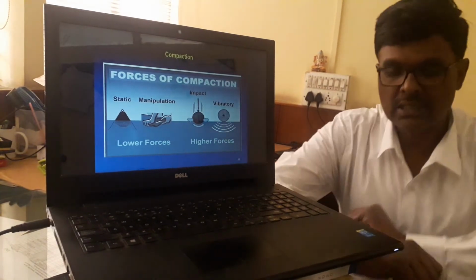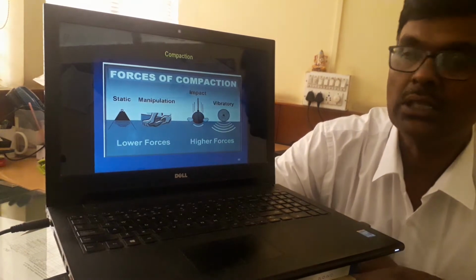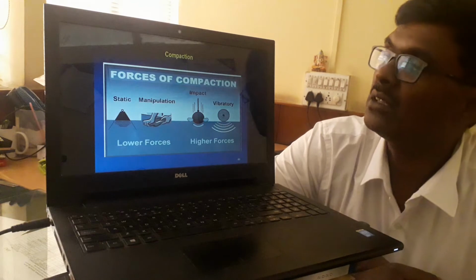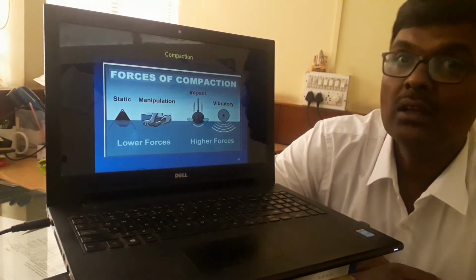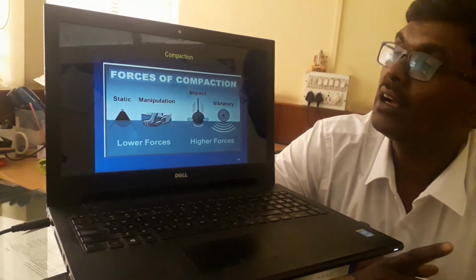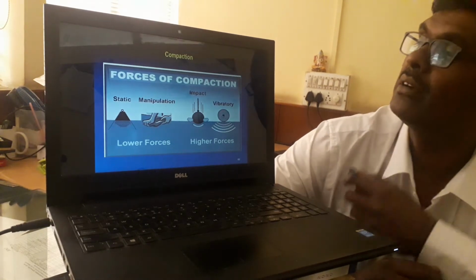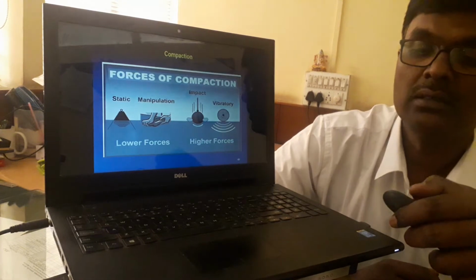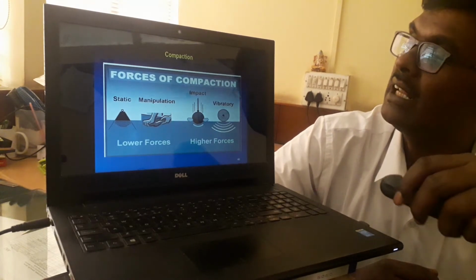Now let us look at the compactors, the rollers, very important, other important machineries in the road construction. There are different types of forces that are applied on the mat, the layer.